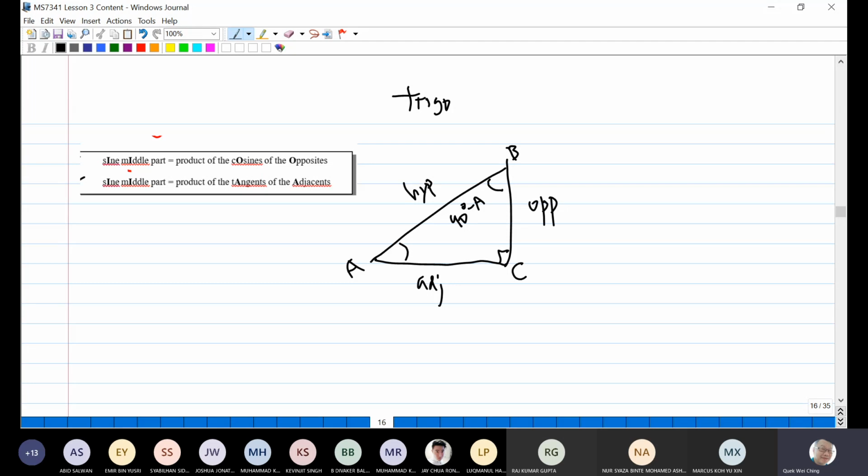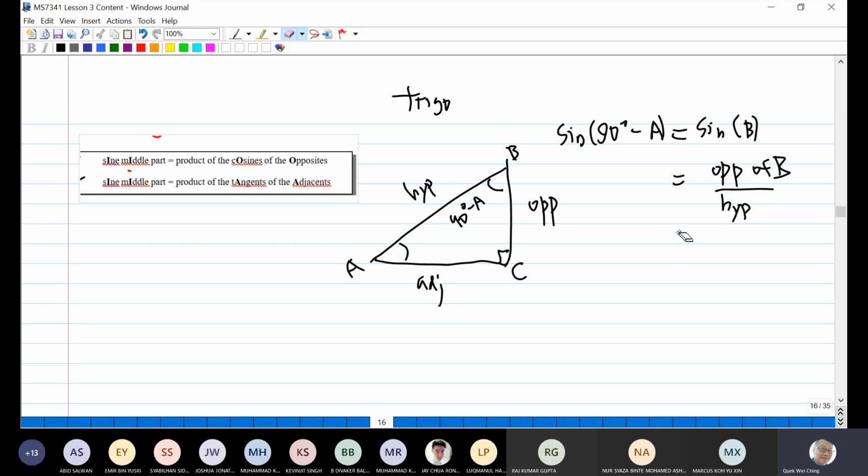So I want to find sine of 90 minus A, which is sine of B. Where is sine of B here? Opposite of B over hypotenuse, right? Opposite over hypotenuse.